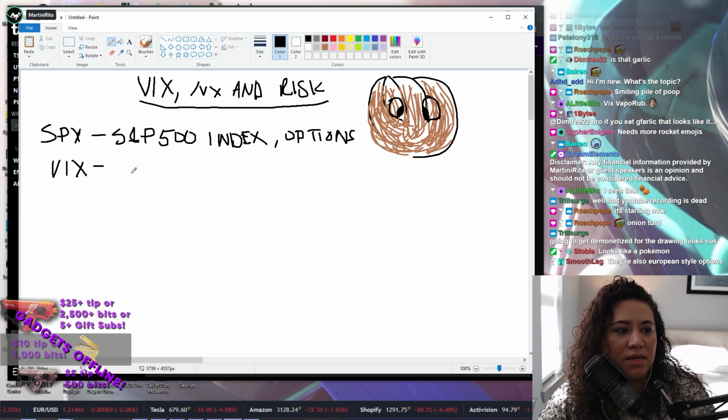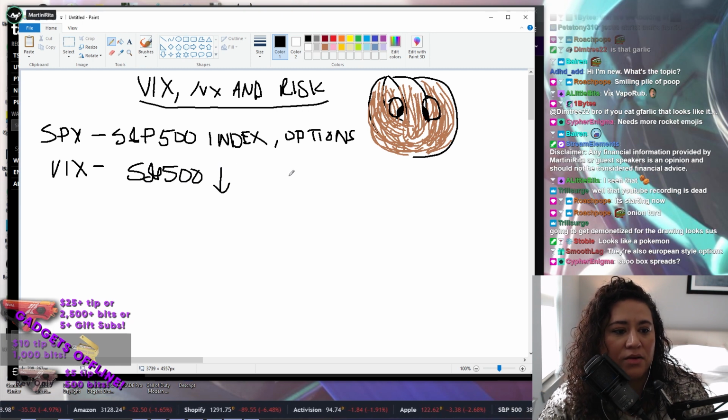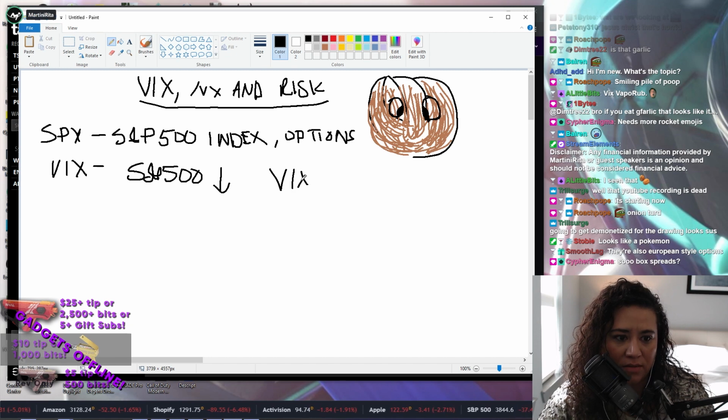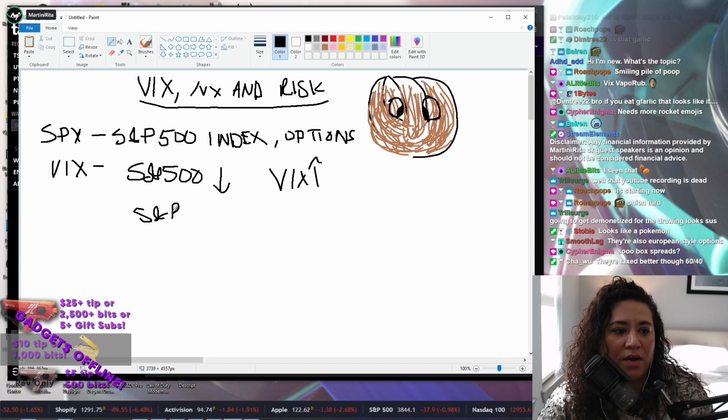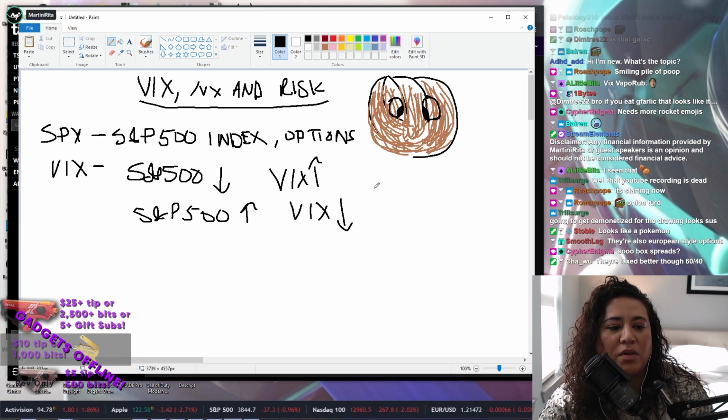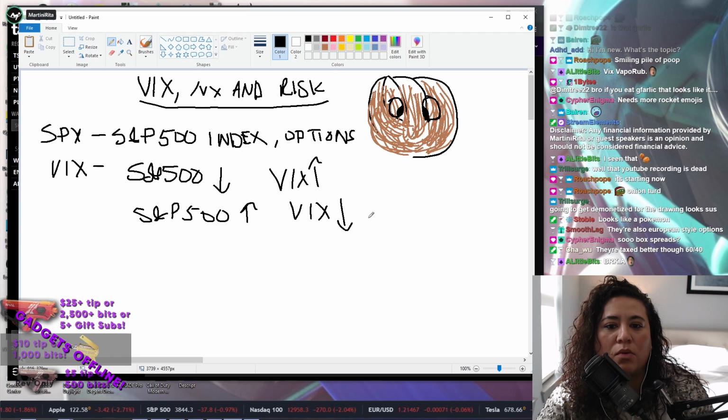What you'll see is when the S&P 500 index goes down, you'll usually, and this is not always, see VIX go up. When you see the S&P 500 go up, you'll see VIX go down. Because people are weird. They are more afraid of down movement than they are of the volatility of an up movement.